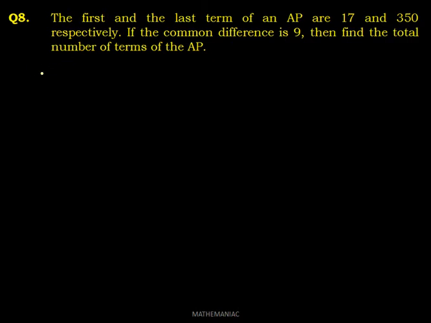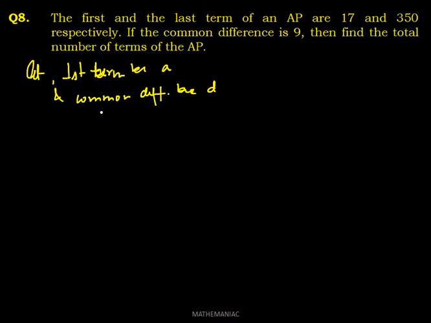So what I'll do, we'll let the first term be A and common difference be D. This is the supposition we have done.